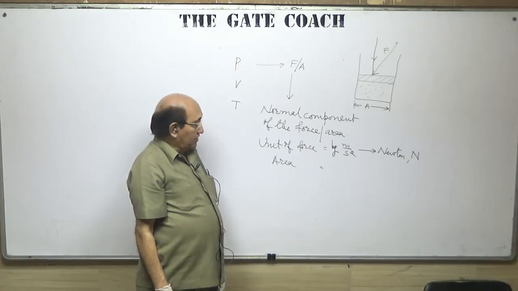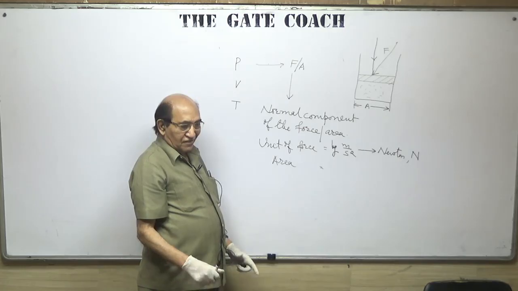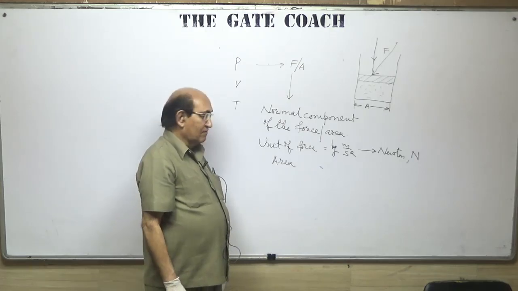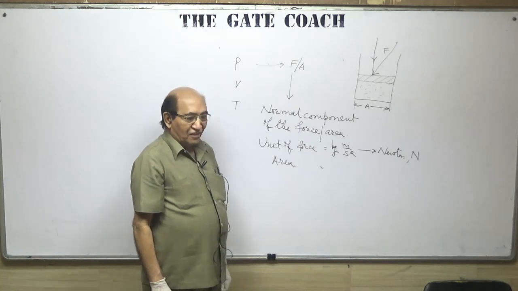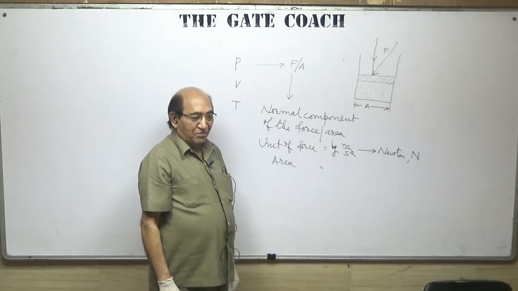Now my experience is about area. If I ask a student to define area, he says how area has to be defined. Area is the term which is being used. Area is the space occupied in 2 dimensions.